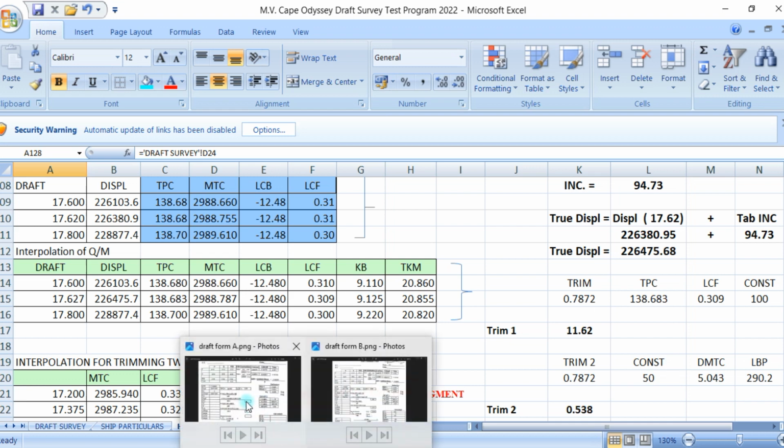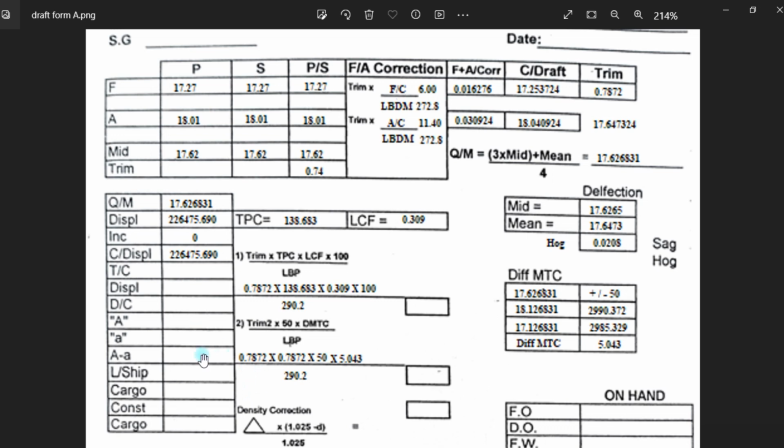And go back. Now, if we don't want to use the increments, we can use the interpolation. So we have no increments, just put 0 here, and let's say corrected displacement will be the same, 226475.69.